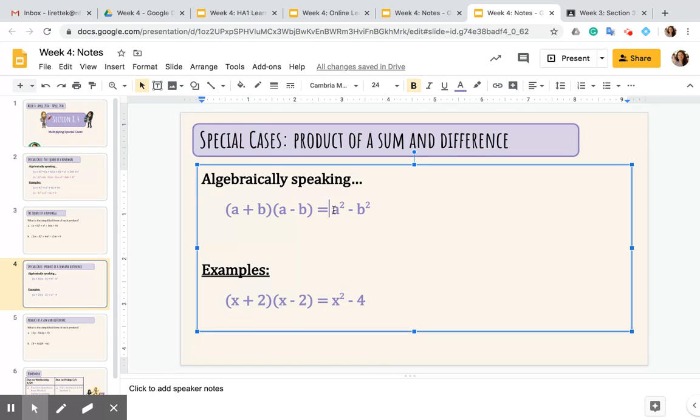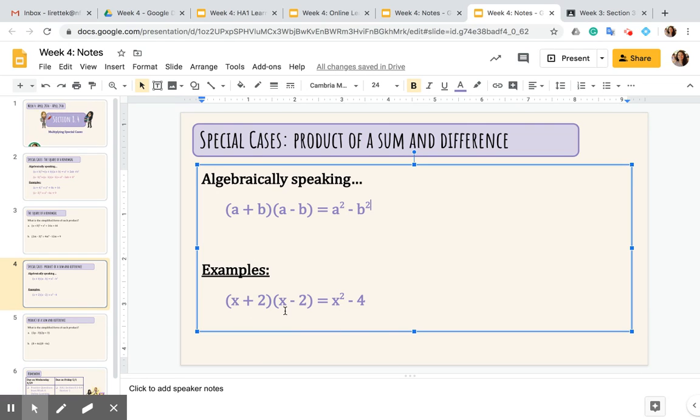And what you're going to get as a final answer is essentially something that follows this rule, where you're going to have the first term as the product of the first two, the last term as the product of the last two. In other words, you're just squaring it, and then you're going to have a minus sign in between. Okay, every single time you'll have a minus sign in between. So here's an example.